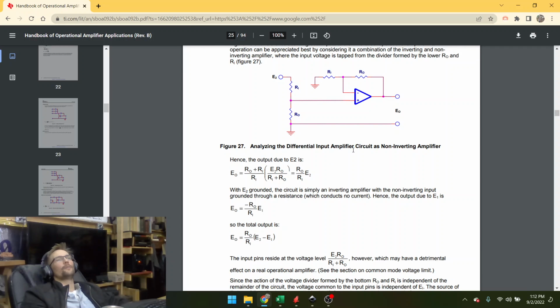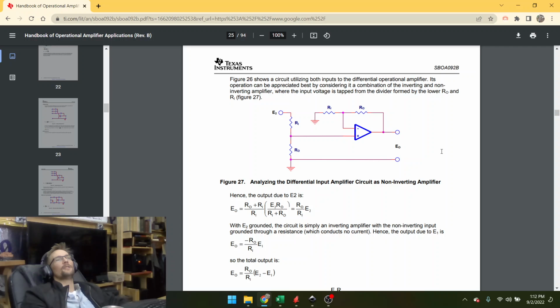Analyzing the differential input amplifier circuit as non-inverting.